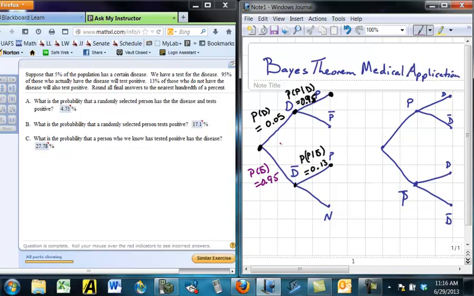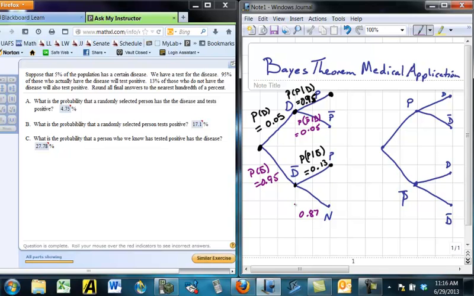Because these two probabilities coming out of this vertex must add up to 1. Similarly, these two add up to 1, so this is 0.05 here, and that's the probability of no positive, in other words, a negative result given that you have the disease. A false negative.